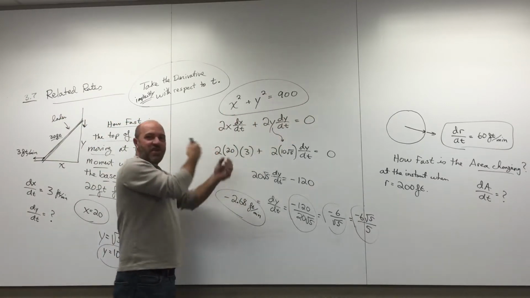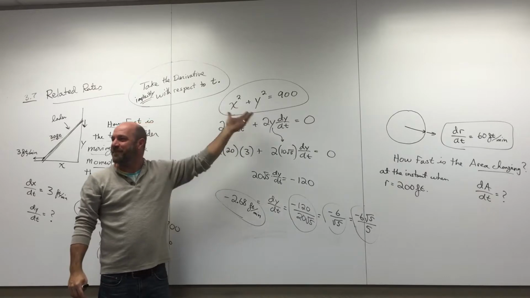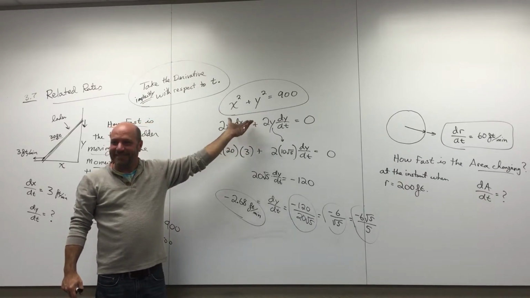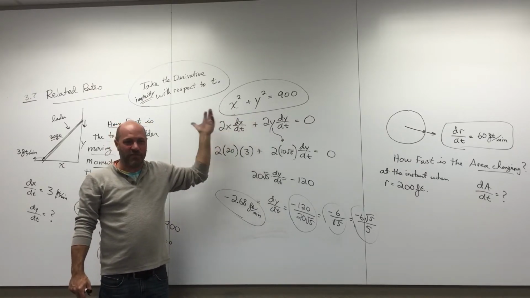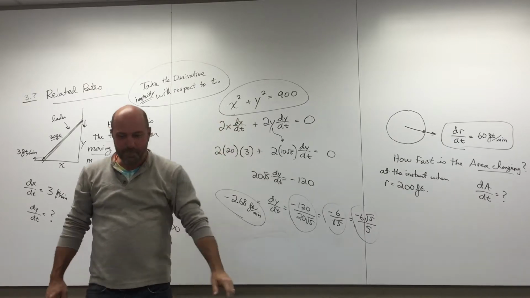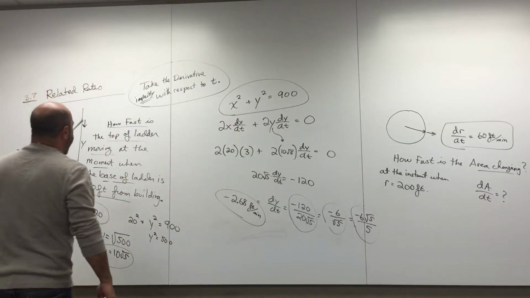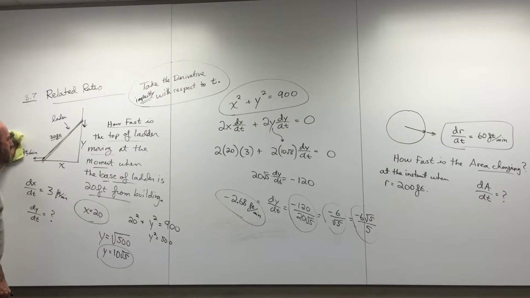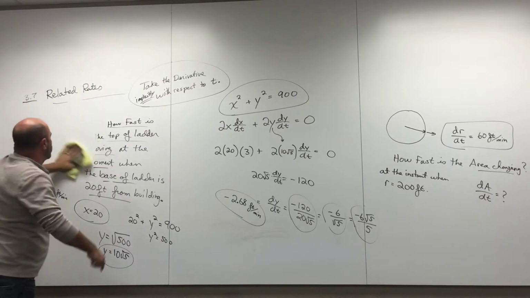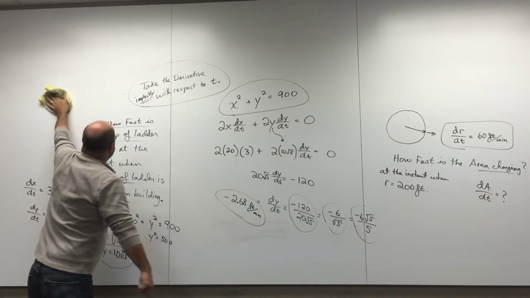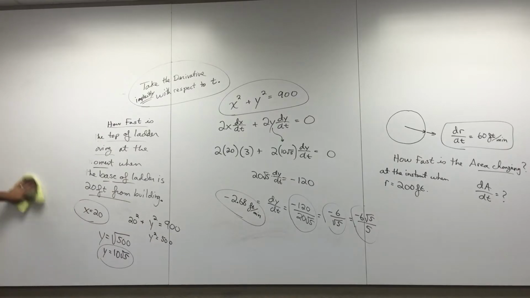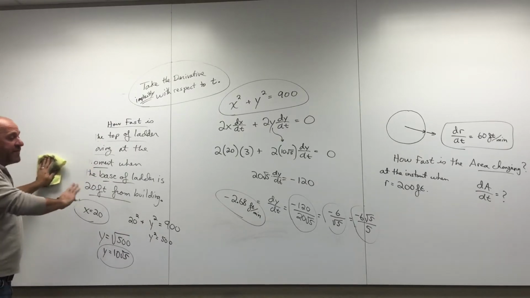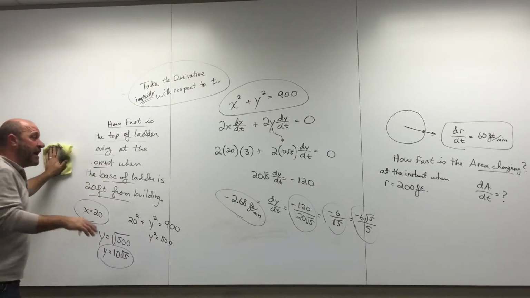It's usually when there's no t anywhere in the problem, and you're taking the derivative with respect to t. All right, cool. I mean, there's a lot of problems we could explore in that topic, but I want to say we're done with that topic.